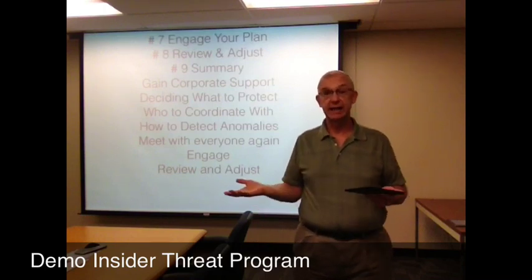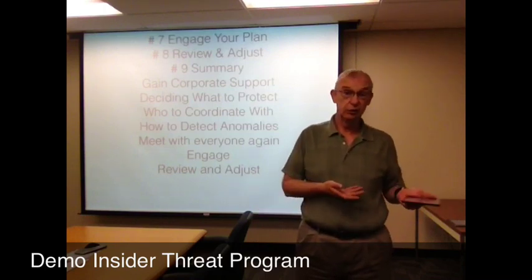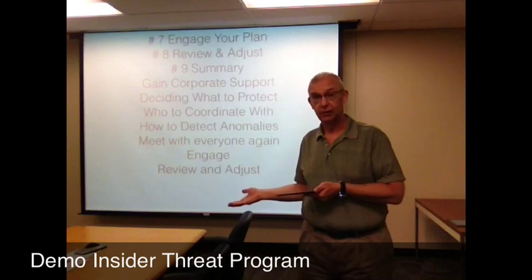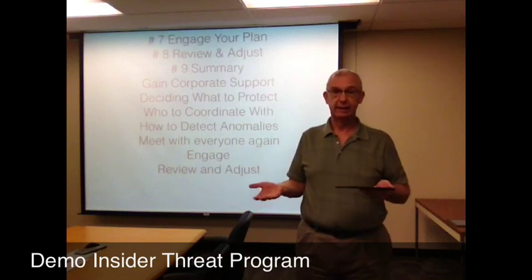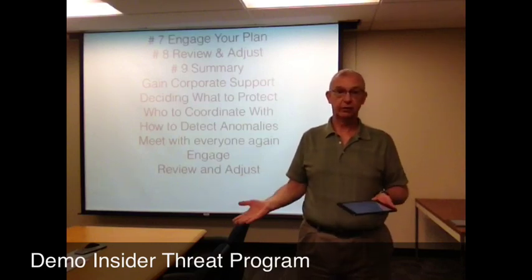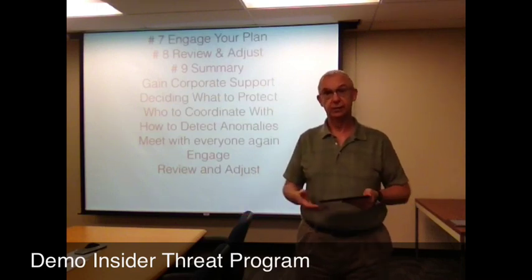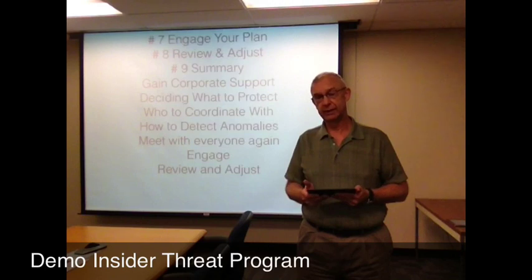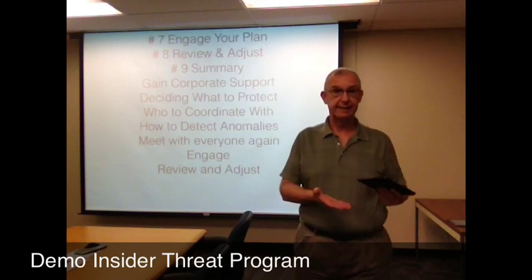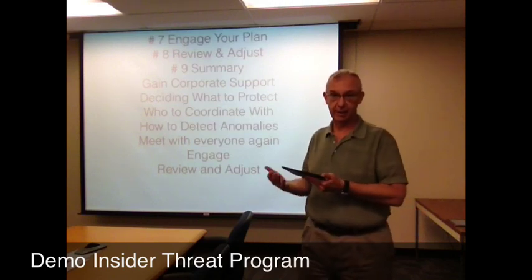If you're not finding anything, that can be good news or it can be bad news. It can mean that you're doing a great job and you don't have anybody trying to steal your things. On the other hand, it could be that you're not detecting in the proper areas.